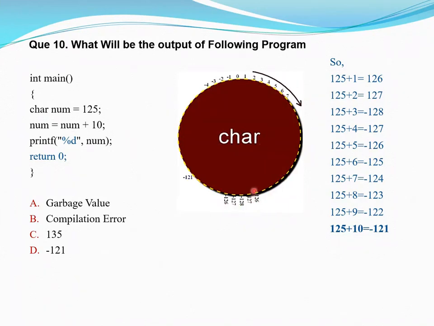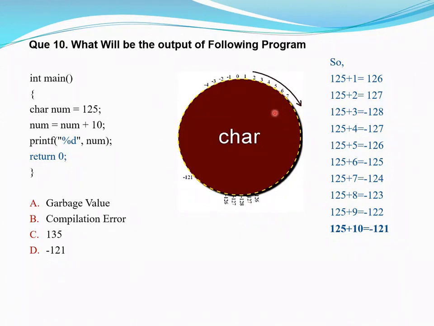If a variable contains the maximum value, that means the value 127, and you increment the value by 1, then it will be equal to -128. That means 127 plus 1 will be equal to -128. Then if you increment 127 by 2, its new value will be -127, and so on.